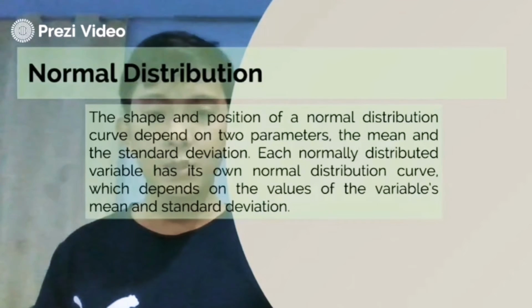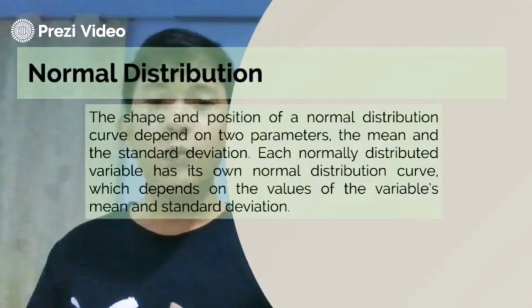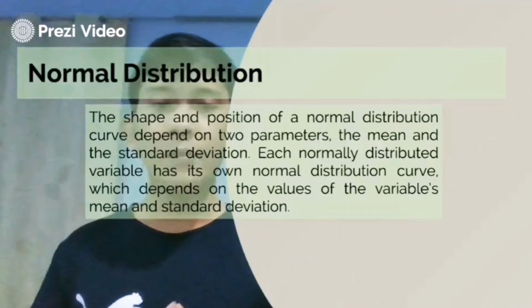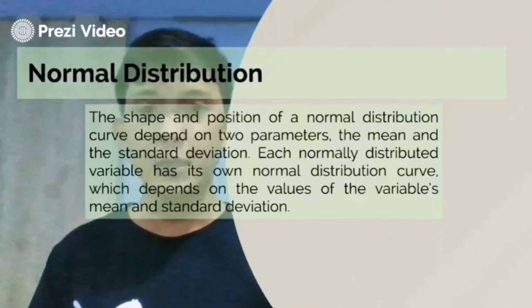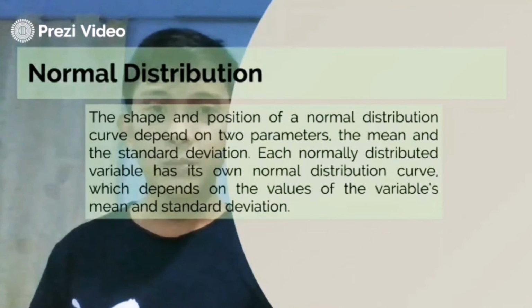Each normally distributed variable has its own normal distribution curve, which depends on the values of the variable's mean and standard deviation. It tells us that the normal distribution curve changes depending on the values taken by the mean and the standard deviation.